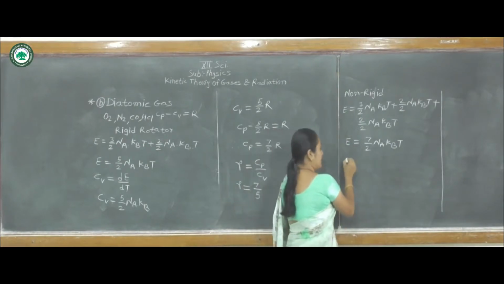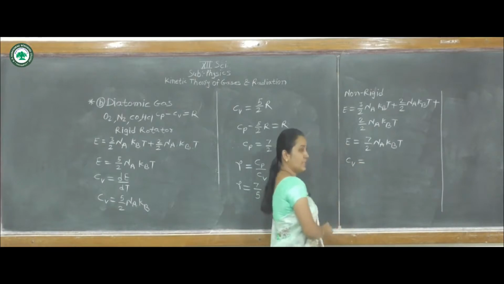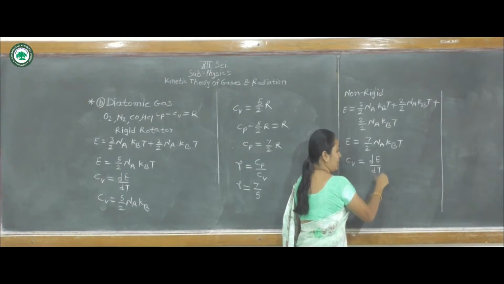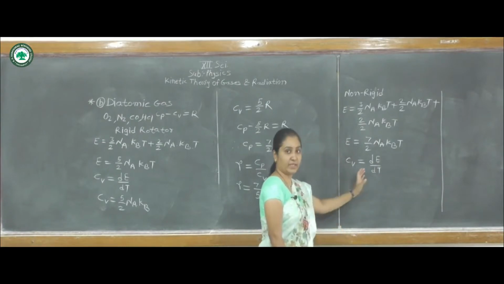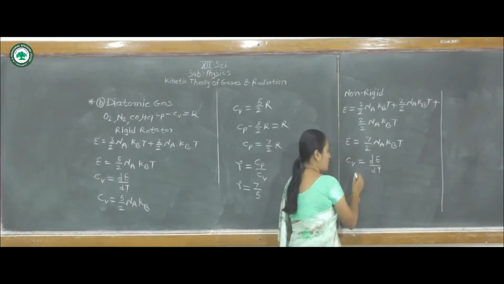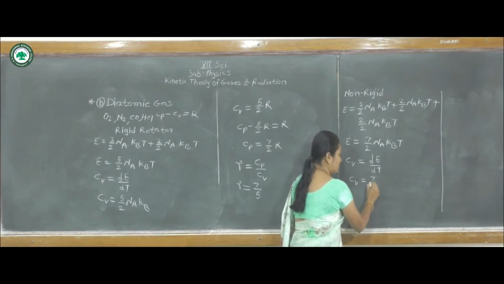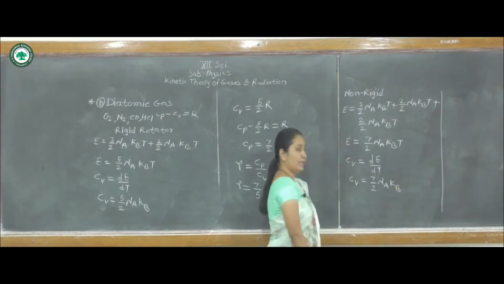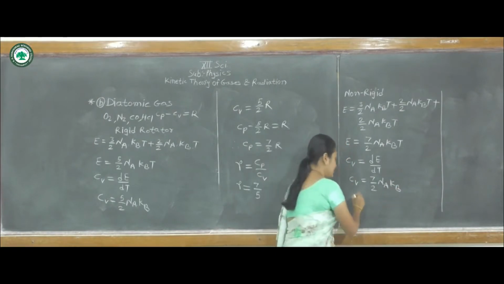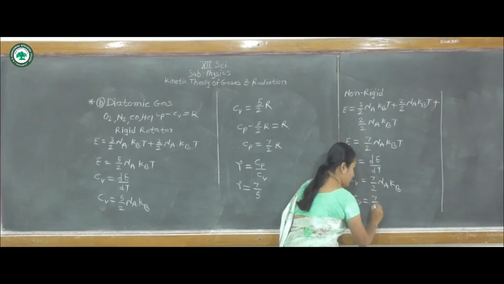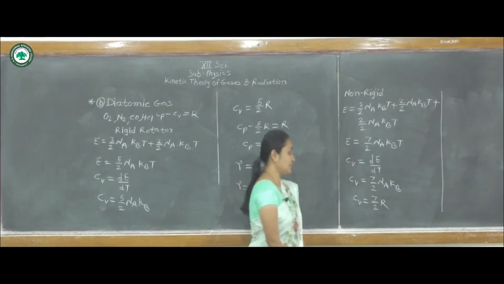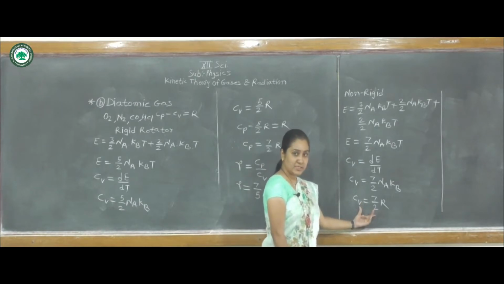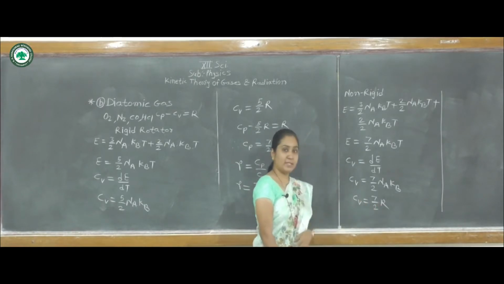Now similarly we can find Cv is equal to dE upon dT, that is specific heat at constant volume. From this equation Cv is equal to 7 upon 2 Na Kb, so we can write Cv is equal to 7 upon 2 R. Again we substitute this in Mayer's relation.